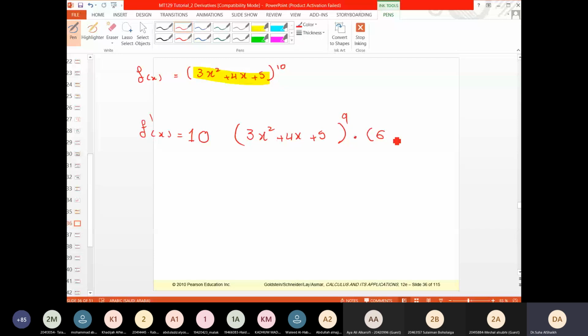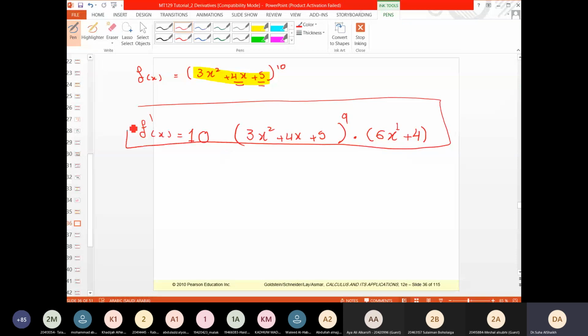Excellent. 6x. What's the derivative of 4x? It's 4. What's the derivative of the 5? 0 already. And this is the derivative. You got it?